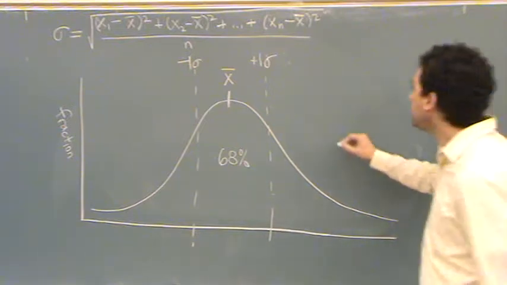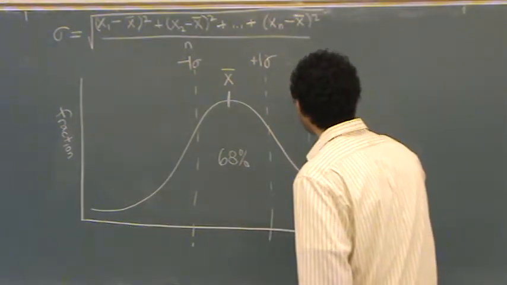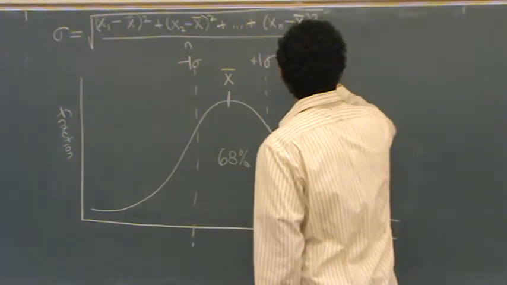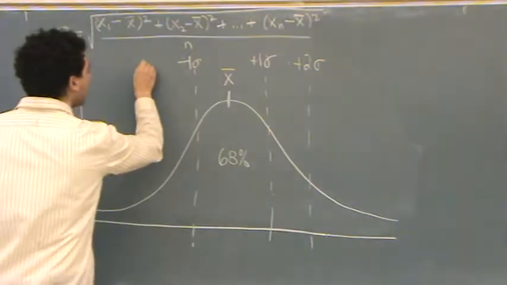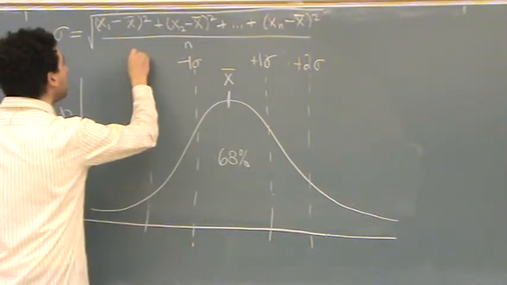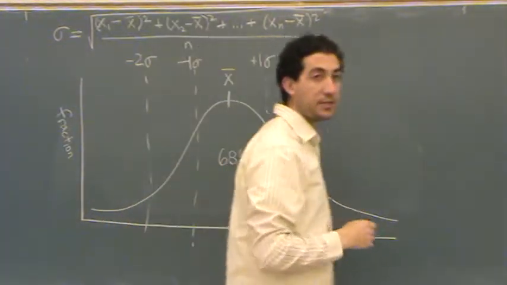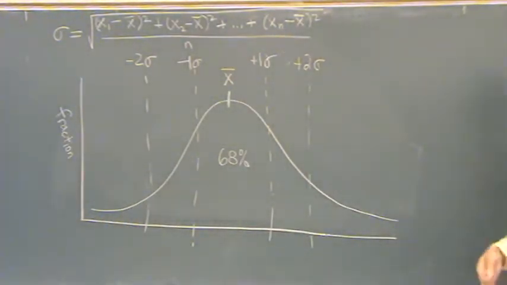Now, 2 standard deviations would be up here. Here's +2 standard deviations, and here would be -2 standard deviations below the mean. So standard deviation is like 10, or 15, or whatever, some number. I'll put in some examples in just a little bit.